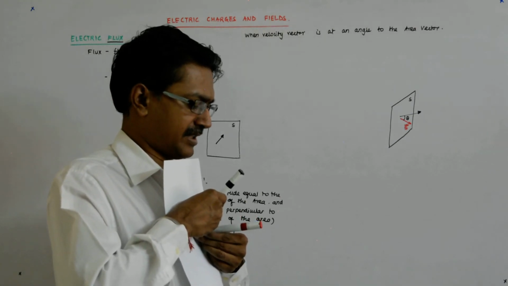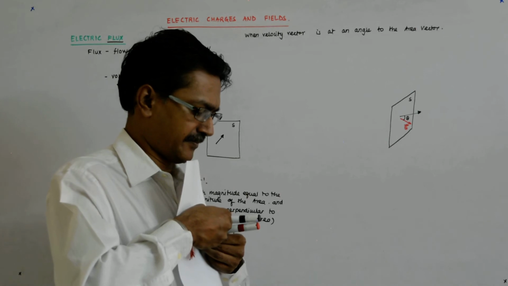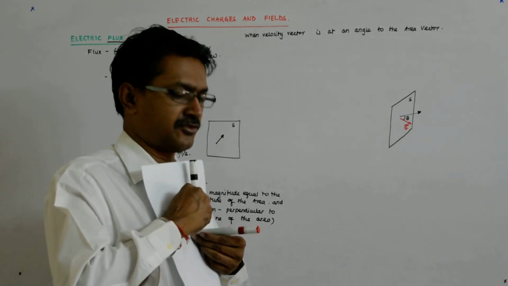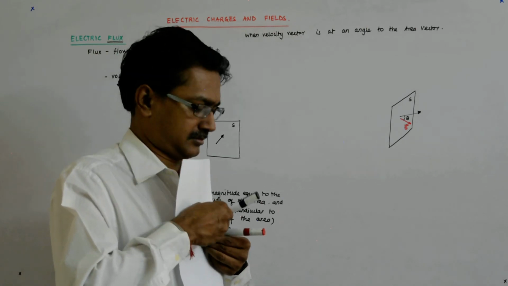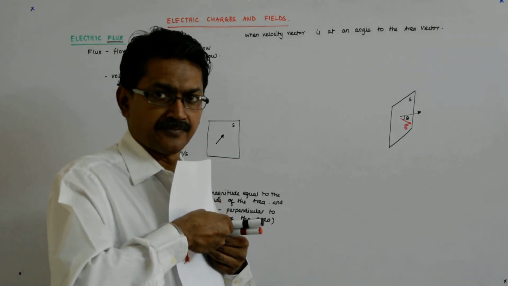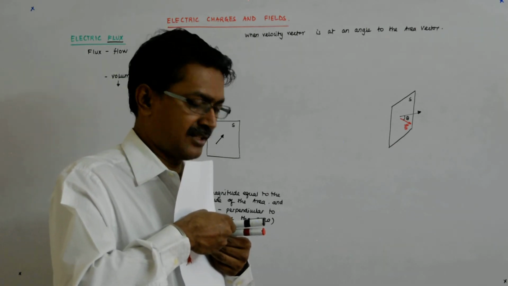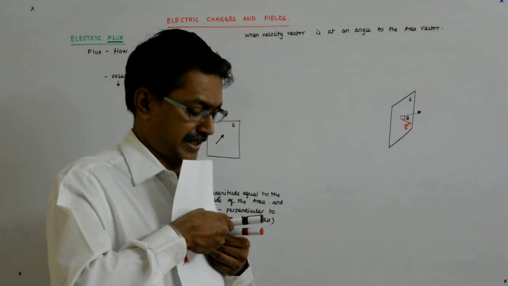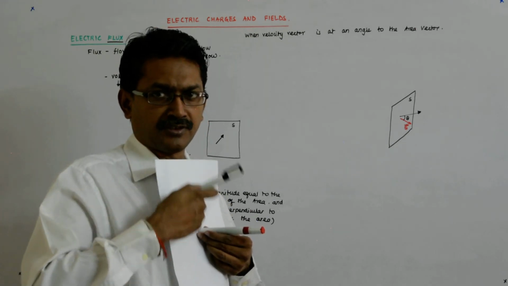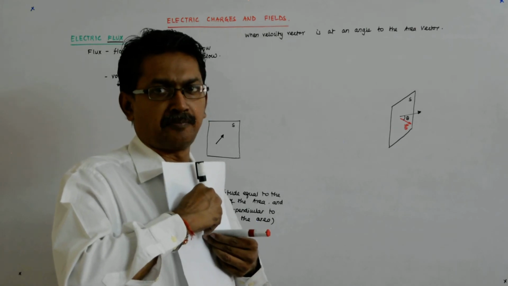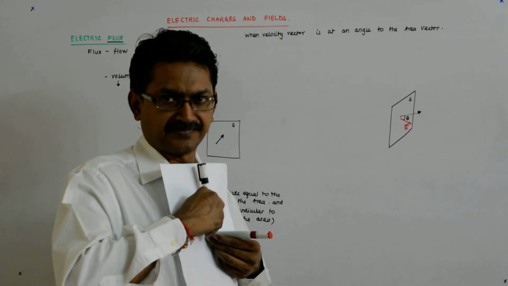Now this velocity vector has two components. One is v cos theta in this direction, another is v sin theta. So v cos theta is parallel to my area vector, that is perpendicular to the plane of the surface, and v sin theta is parallel to the plane of the surface.